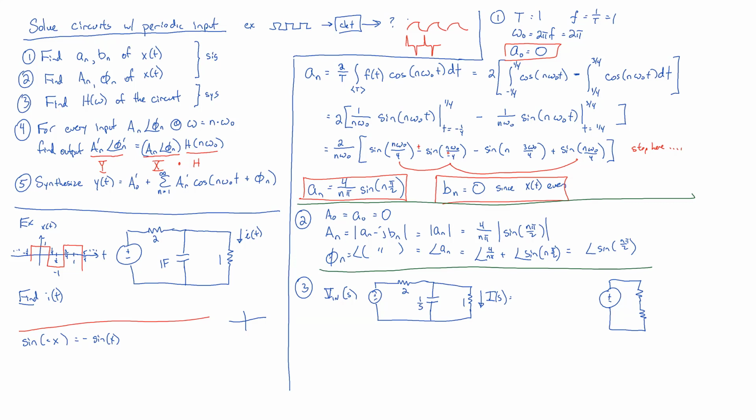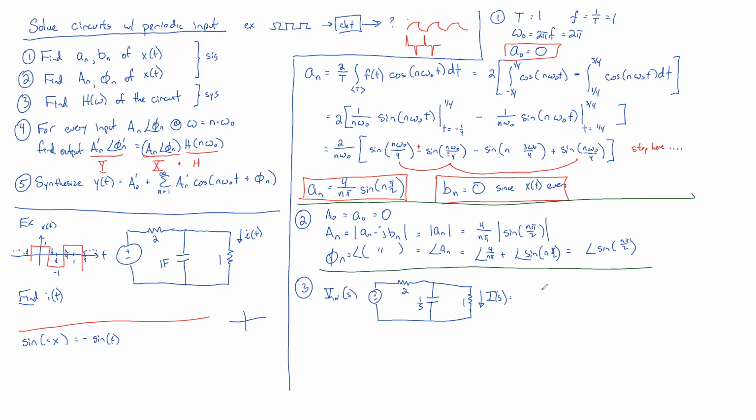Could you do a source transform on that power supply and make it like a current divider? Yeah, you could do a source transform here, and then you'd have a current divider, or you could do a mesh, or you could do a nodal. You'd have one node. You could do a lot of different things. But yeah, that's a good approach.